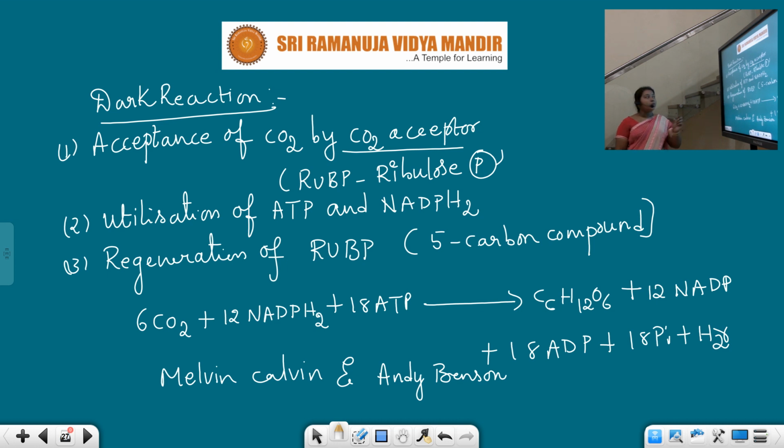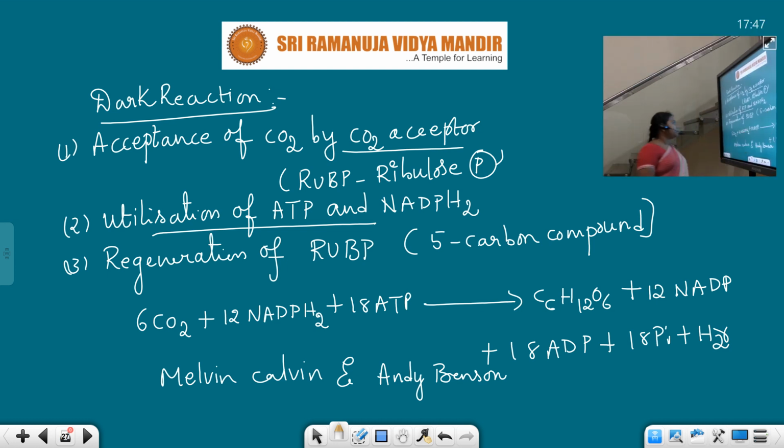Next, utilization of ATP and NADPH2. Third event, regeneration of RuBP. RuBP is a 5-carbon compound.